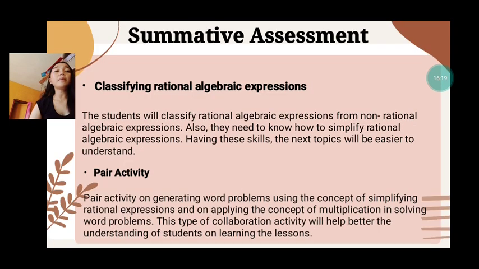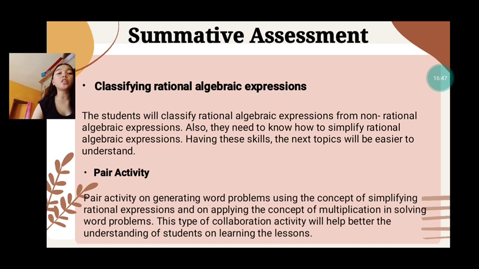So, summative assessment. So, first, classifying rational algebraic expressions. The students will classify rational algebraic expressions from non-rational algebraic expressions. Also, they need to know how to simplify rational algebraic expressions. So, having these skills, the next topics will be easier to understand. So, mura po siya og prerequisite, diba? So, the next one, pair activity.